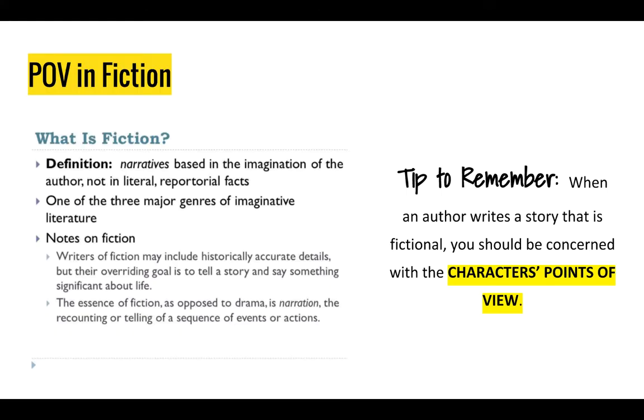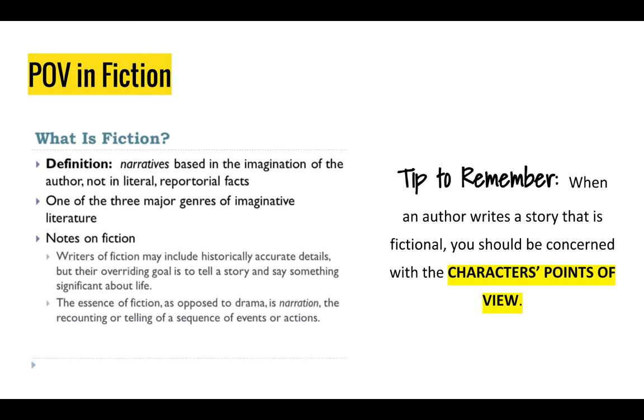All right, so the first type of point of view that I want you to know about: when we read fiction, there is a specific point of view we're looking for. So let's just talk about what fiction is really fast, just a review. Fiction is a piece of writing that is made up. It's not literal, it's not real, it's a story.